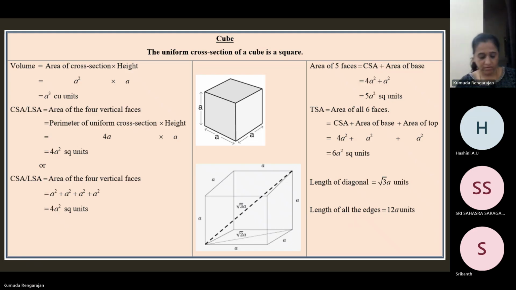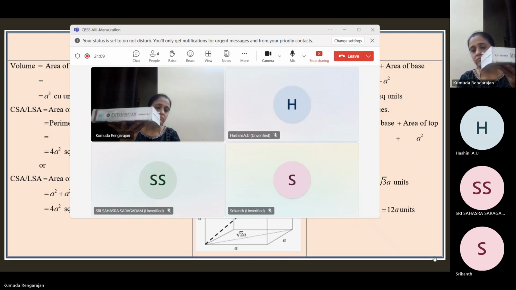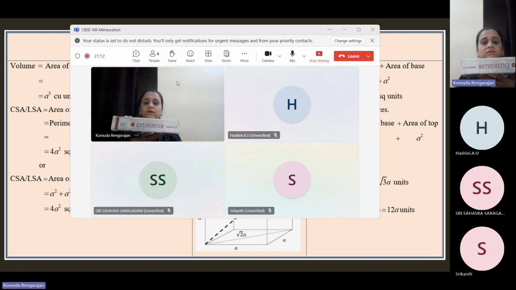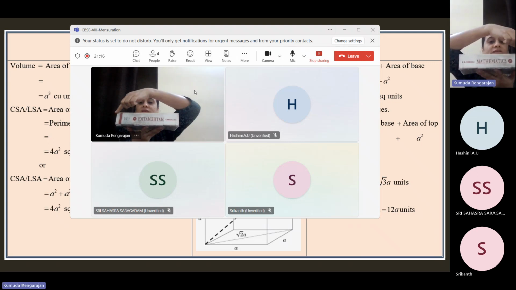So here I have a book. It's not a cube. It's a cuboid. So now let's see the edges. Okay, edges. So this is one edge.